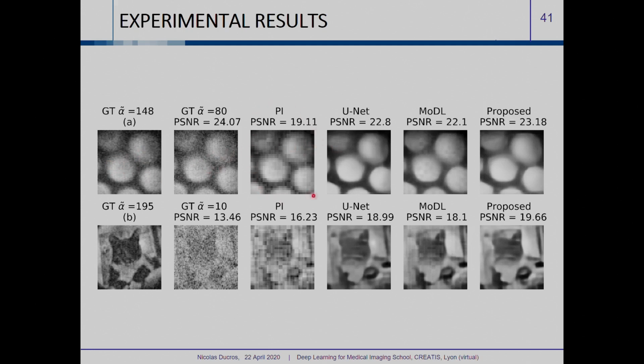The pseudo-inverse reconstruction is here, UNet, just UNet directly, is here. The model is here, and the proposed network is here. So you can see an improvement in terms of peak signal to noise ratio. And here you recognize the STL cat. The pseudo-inverse image is here, quite blurry, and UNet here, the model and the proposed approach were the ones with the best signal to noise ratio.